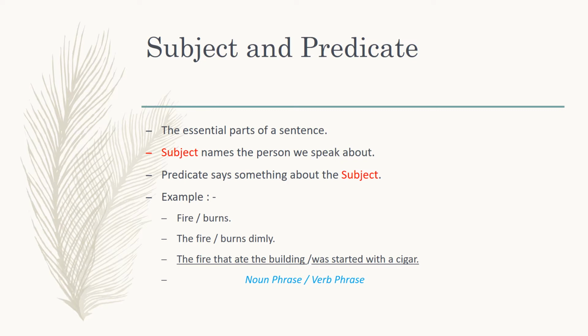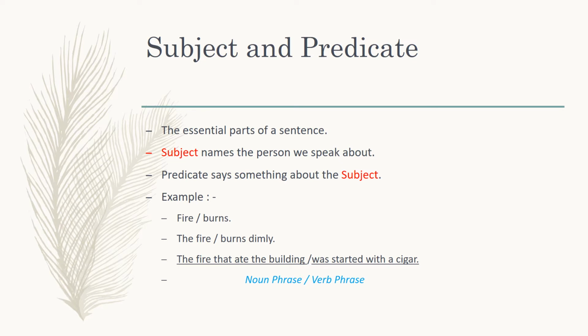So, Rama becomes a subject. Now, what is meant by predicate? Predicate says something about the subject, or says what the subject is doing. So, in that sentence, Rama loves Sita becomes the predicate, or Rama is doing that action. Rama is loving Sita. So, that becomes the predicate.